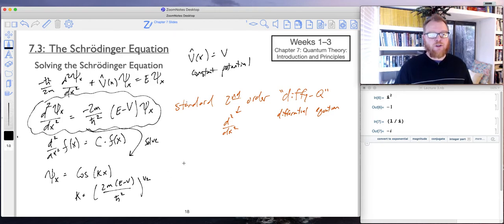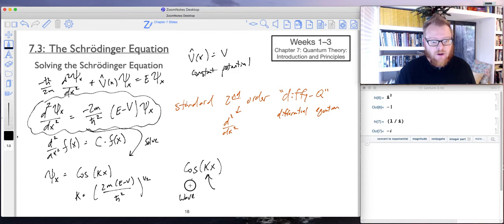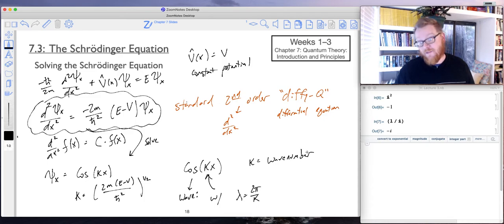So I'll also remind you that in general, when I have this function, cosine kx, this is a standard function of a wave. Okay, so this is a wave with wavelength lambda, 2 pi divided by k. So in other words, k is what we call the wave number.